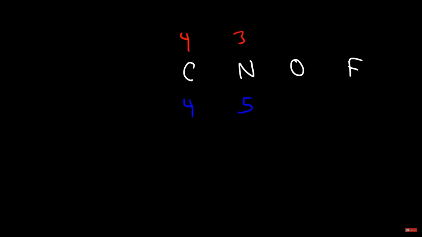So nitrogen likes to form 3 bonds. Oxygen has 6 valence electrons. It needs 2 more to get to 8. And fluorine has 7 valence electrons and only needs 1 more to get to 8. So fluorine likes to form a single bond. Oxygen likes to form double bonds.